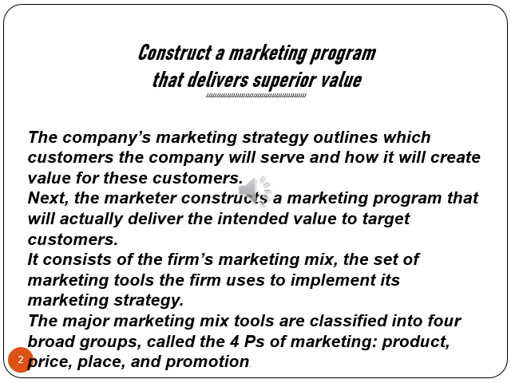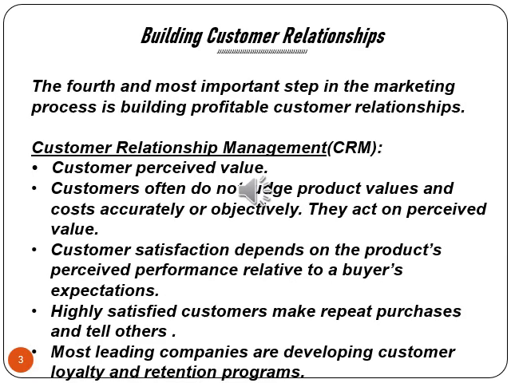The major marketing mix tools are classified into four broad groups called the 4Ps of marketing: product, price, place, and promotion. And we explained them in the first part of the lecture.